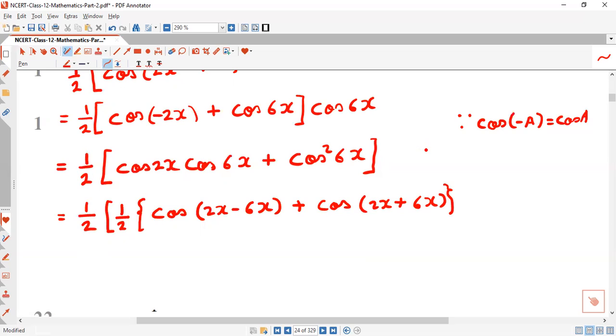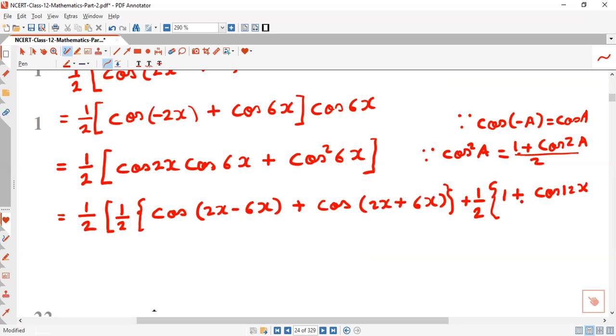Since we know this formula, cos square a can be written as (1 plus cos 2a) by 2. We apply this formula here: plus 1 by 2 of curly braces 1 plus cos 12x by 2, bracket closed. Okay, fine. Now we open this one separately.